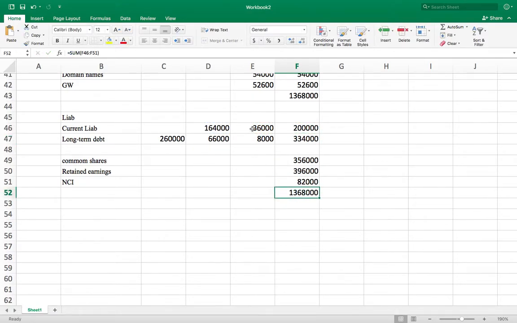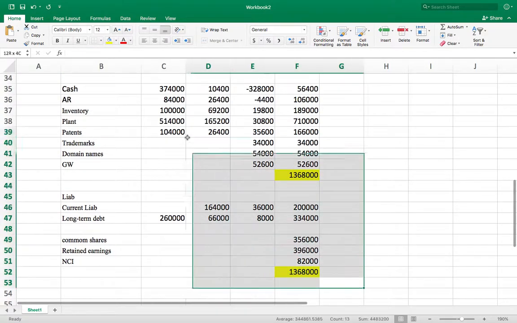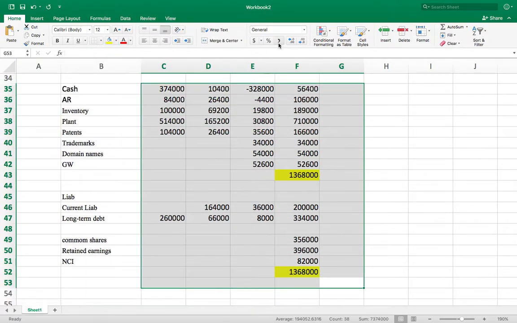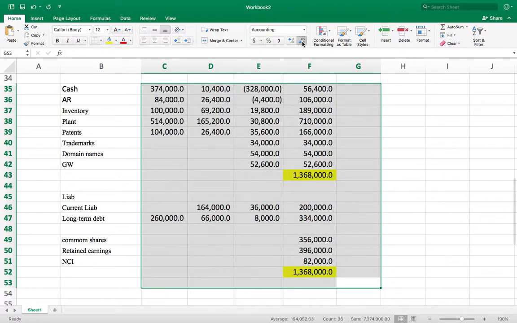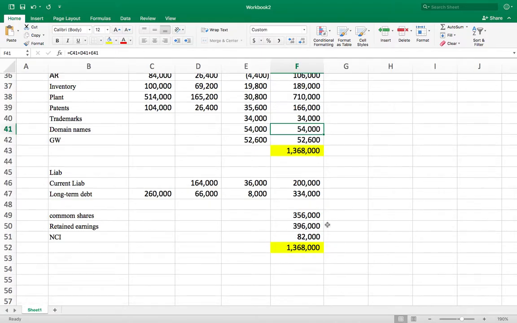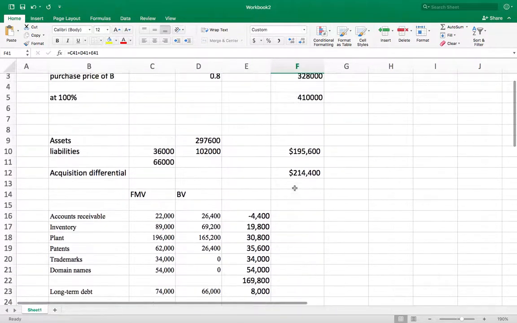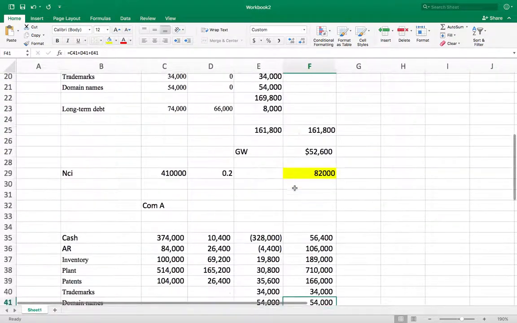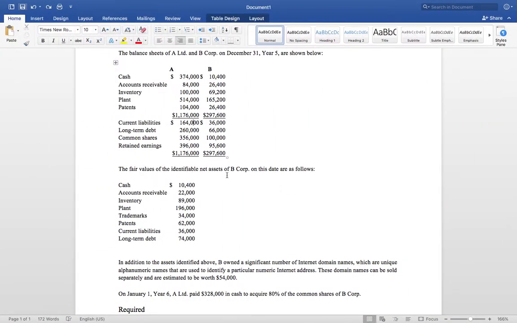And we do balance. $1,368,000, and this is how we do a consolidated balance sheet. Okay, thank you very much.